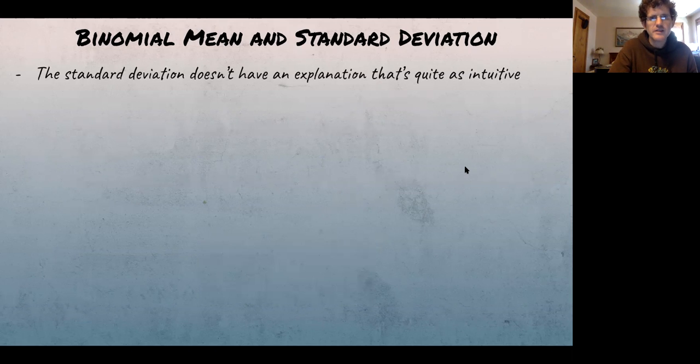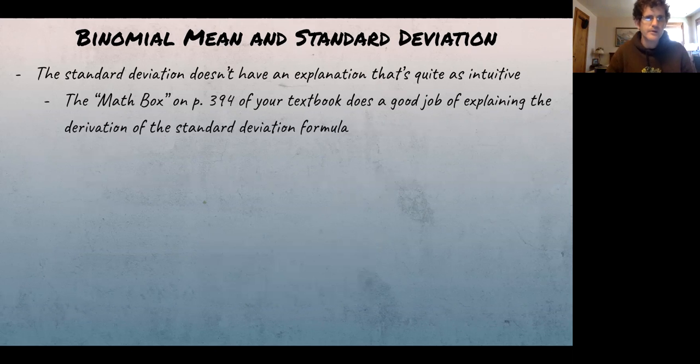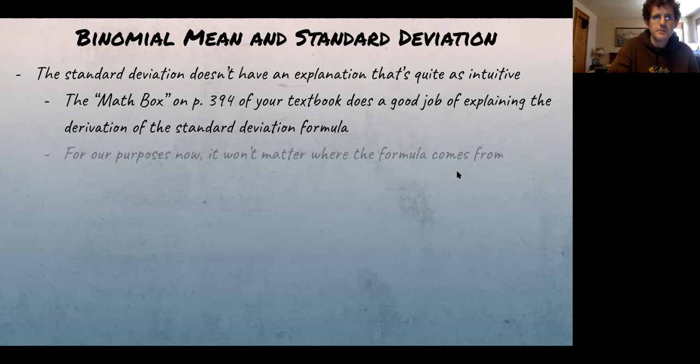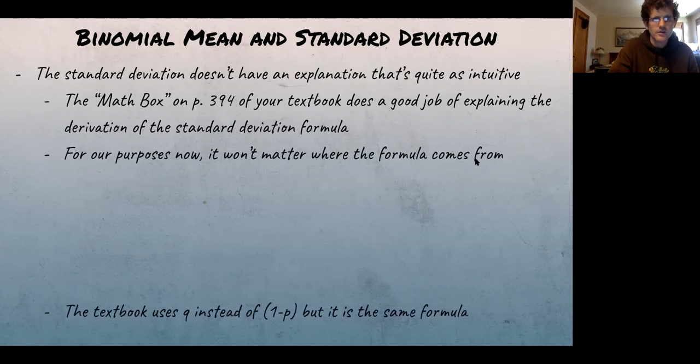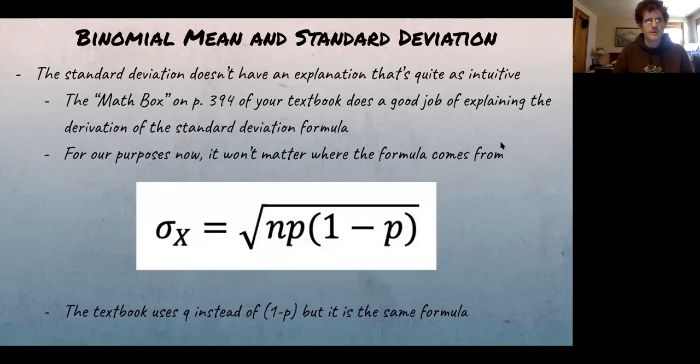All right, standard deviation is not as intuitive, but I will direct you to the math box on page 394, because it does give a good description and it does explain where this comes from, but it's not something that's going to matter to us. So here it is.